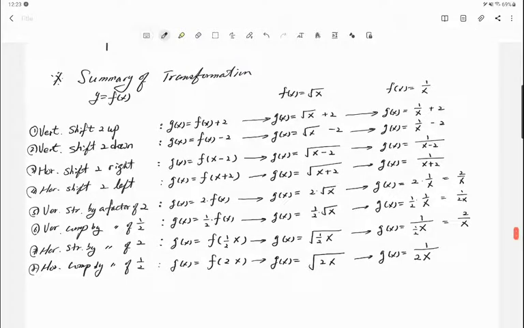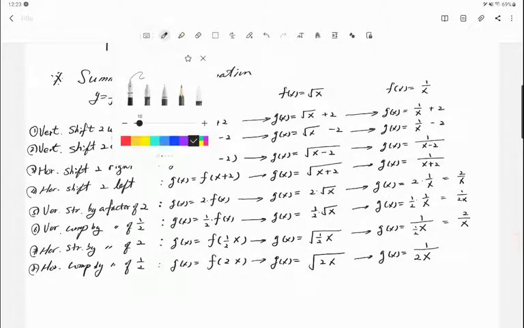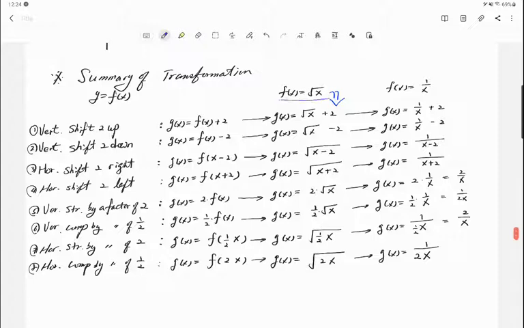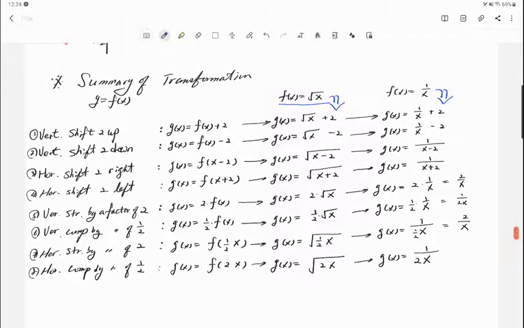Can you see it? All right. So I hope you understand this one. So this column is related to this function, and the last column is related to this function. So each function is changed based on the type of the transformation.